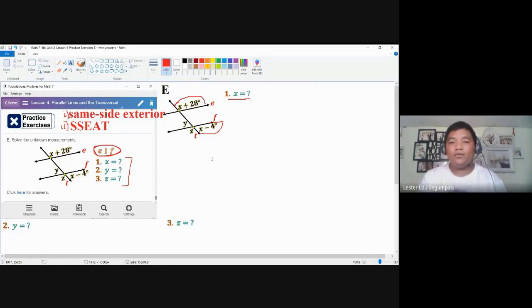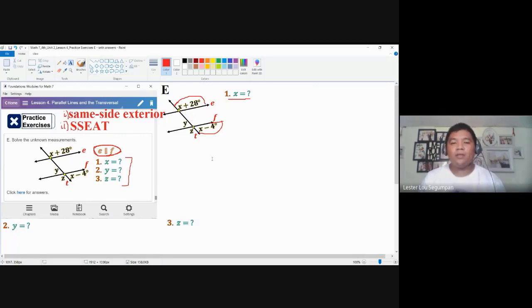Again, do not be confused with the previous videos talking about congruency because that is actually true to corresponding angles, alternate interior and alternate exterior angles. But for same side exterior, similar to the same side interior, it's not anymore congruency or having the same measurement. It is now supplementary, or summing up to 180 degrees.